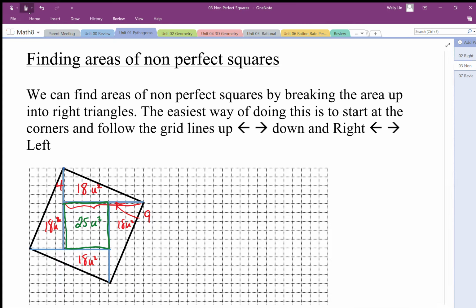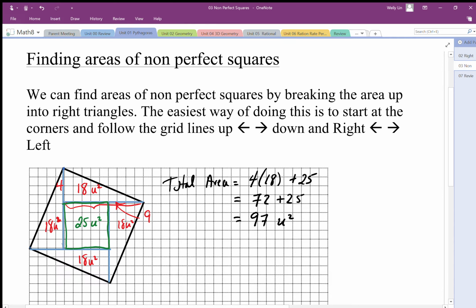So when we talk about the total area, it's going to work out to 4 times 18 plus the 25 square in the middle. So 4 times 18 is 72, plus 25, and that gives us 97 units squared.